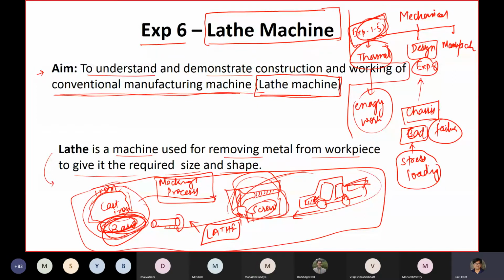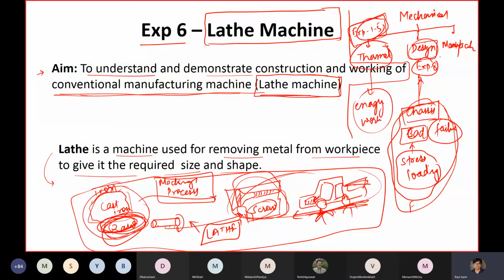So all sorts of design parameters: how much maximum load this car can take, or how much bump it can take. That is what the design of shock absorbers is all about, how much bump there is, so that you make your journey more comfortable. In that way you design your components. So this comes under the design section.